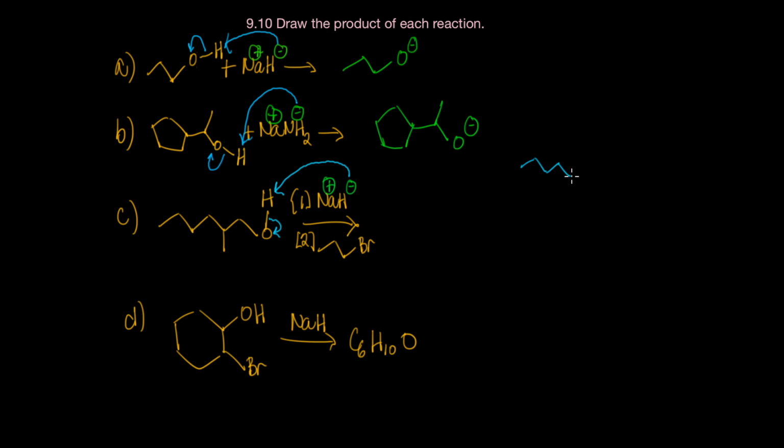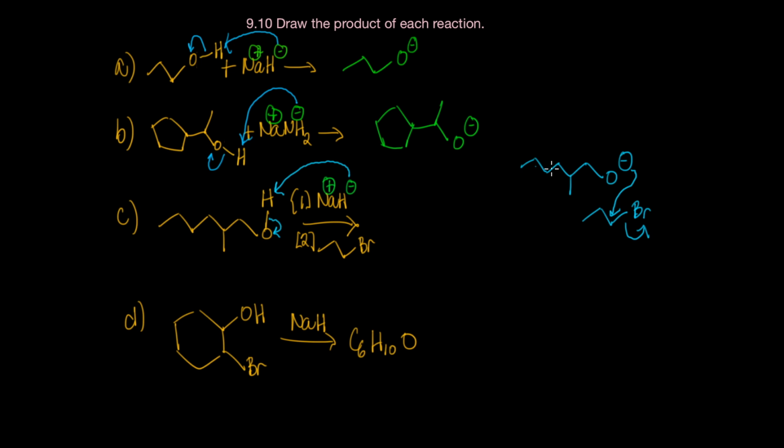We have now this alkoxide, and we have 1-bromopropane here. So let's draw that out. Okay, and we have this negative charge here, which is a strong nucleophile. Alkoxides attack alkyl halides, as we know, in the Williamson ether synthesis.